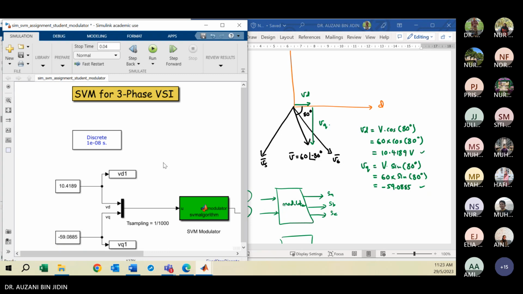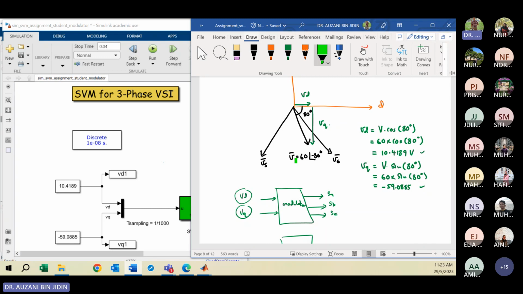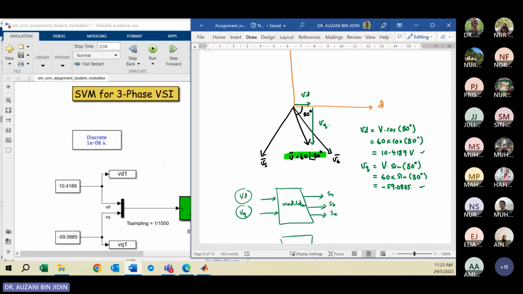For the question given, the information given is this one, where the magnitude is 60 and the angle is minus 80. So your vector is located in which sector? Sector 5, is it right? Here is sector 5. This one is sector 6.